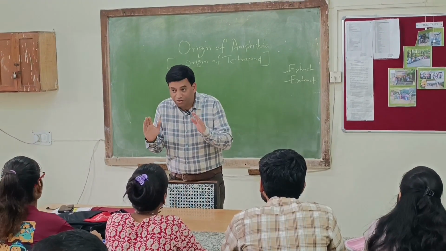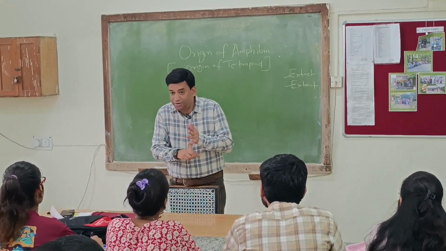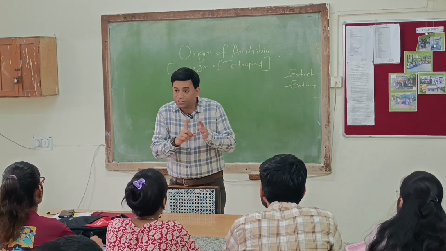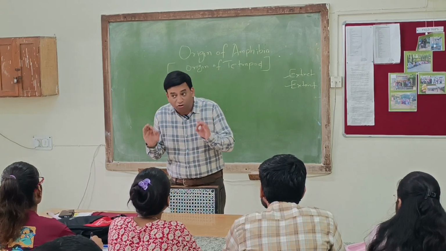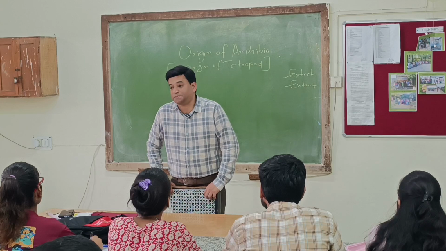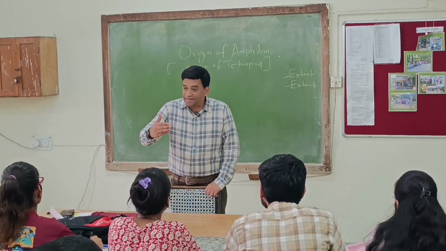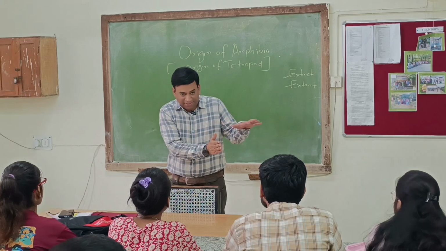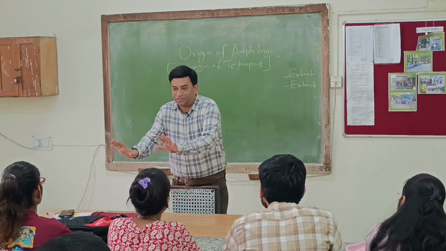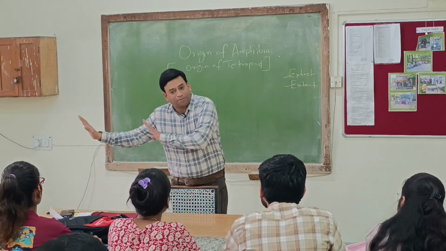So if the question comes, origin of tetrapod, origin of amphibia, origin of chordate, origin of mammalia, origin of bird, our emphasis will always be on the fossilized species. Then only can we say that that's how evolution took place: these species became extinct, and these are the present day amphibians, these are the present day reptiles, and these are the present day birds.